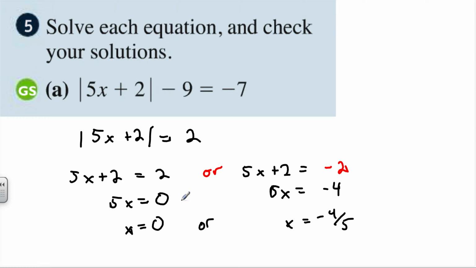You want to check it every time. So when x is 0, we get 0 plus 2, which is 2. 2 minus 9 is negative 7. That checks out. Negative 4 over 5, that's going to be negative 4 plus 2 is negative 2. So then absolute value of negative 2 is 2. 2 minus 9 is negative 7. So then x equals negative 4 over 5 and 0.